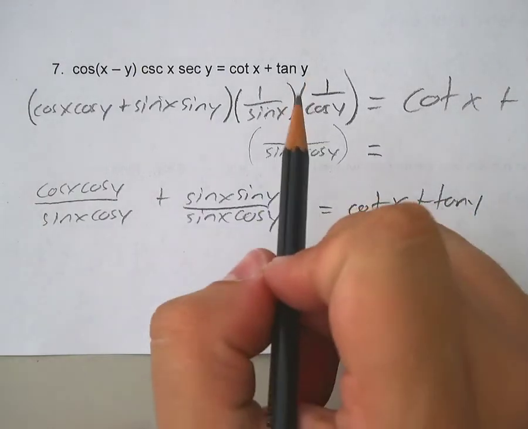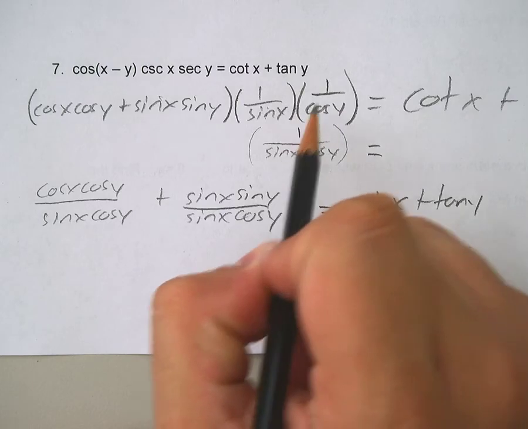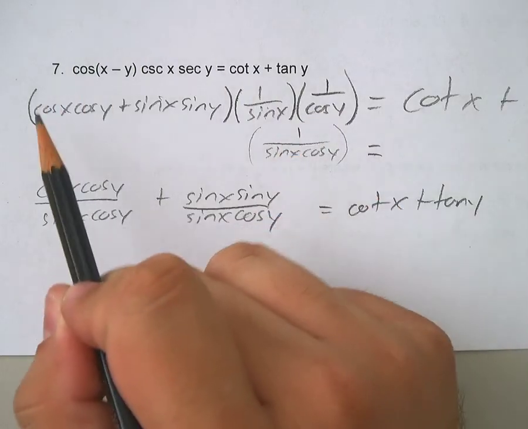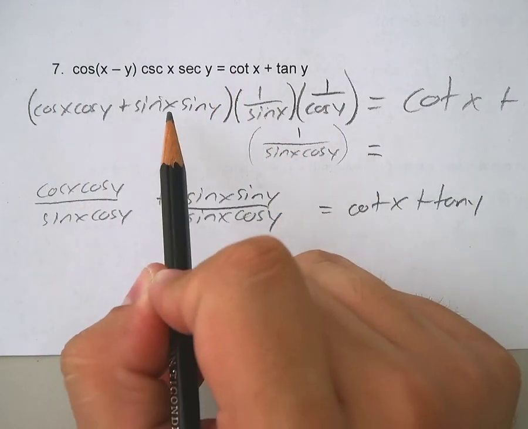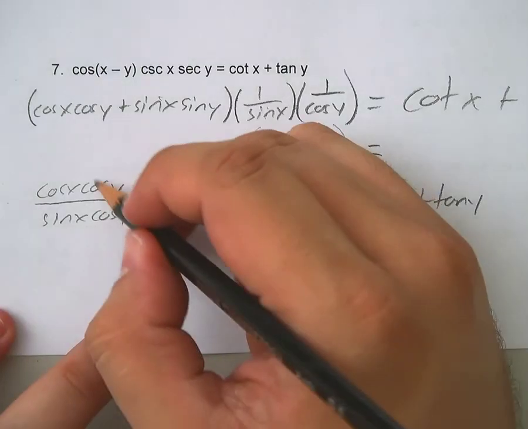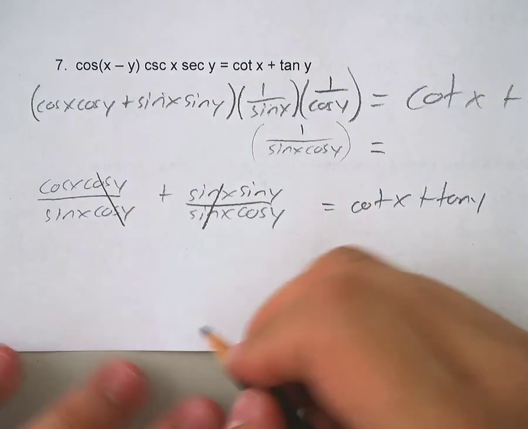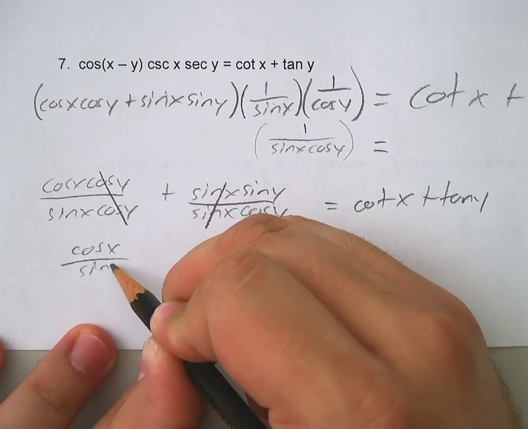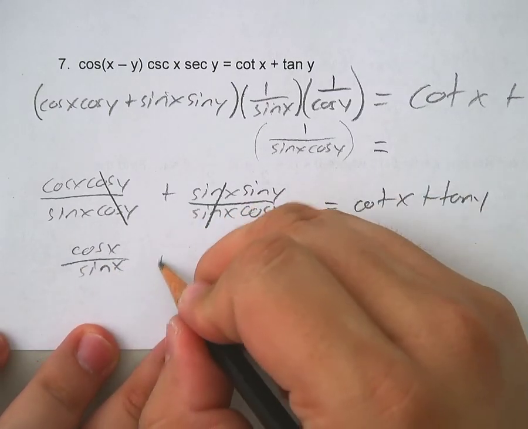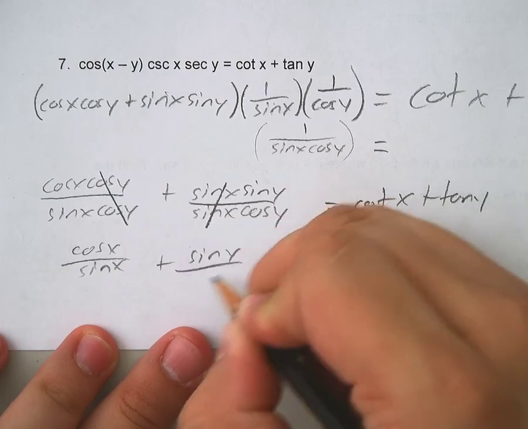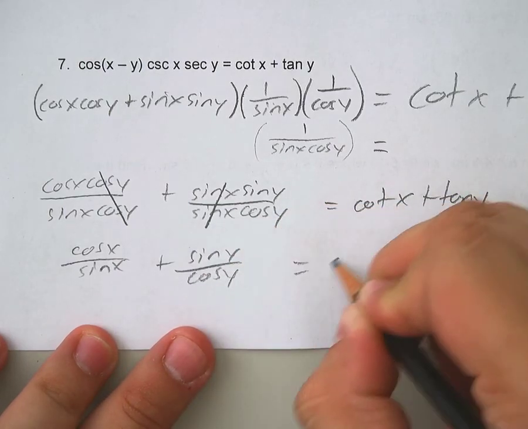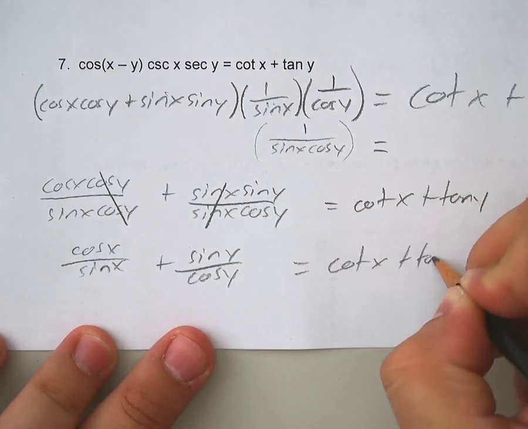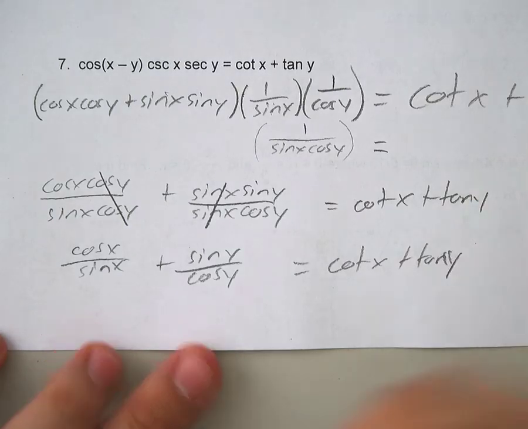Okay, so again, I combined these two fractions into one, and then I multiplied that through here and here. So your cosine y's will cancel, sine x's will cancel, and you've got cosine x over sine x, plus sine y over cosine y, cotan x plus tan y.